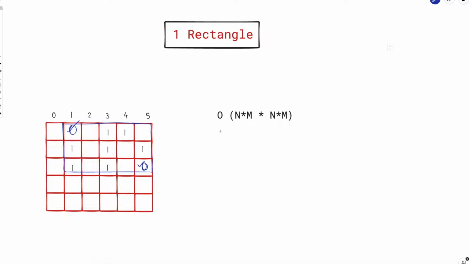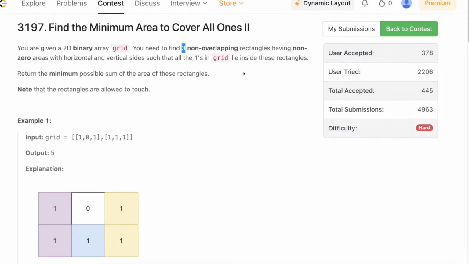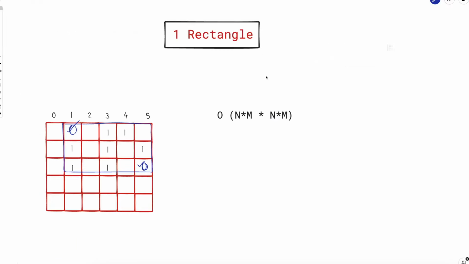Because if you take this route and extend it to figuring out two rectangles, it will simply be squared, right? And that is not sufficient because in the given problem you have to pick 3 distinct rectangles, and in that case it would be cubed, which will surely not fit in the time complexity. So we have to optimize this for sure.